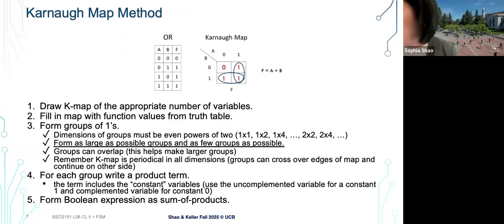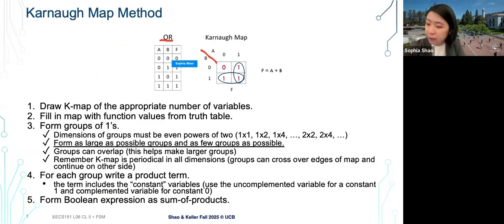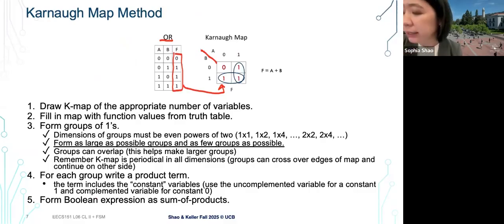When we populate this OR gate, we use A and B as row and column indices, and we populate the value of F as entries of the Karnaugh map, right? What we are looking for is logic simplification so that we don't need to write each term of each row.